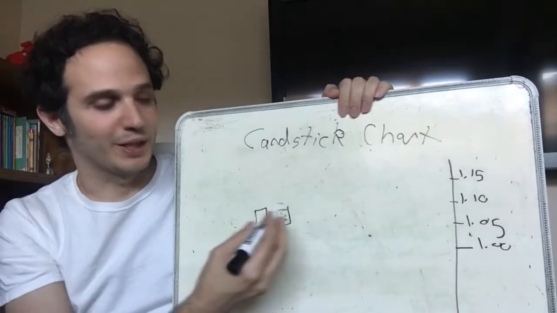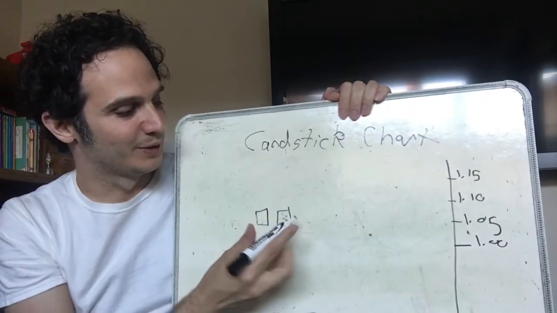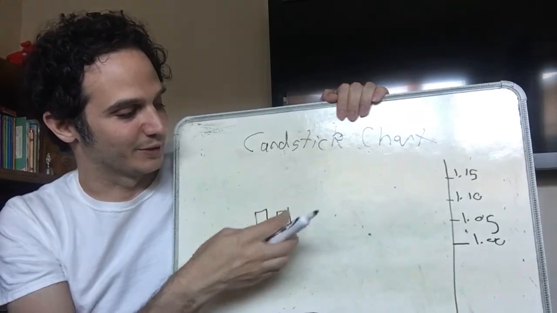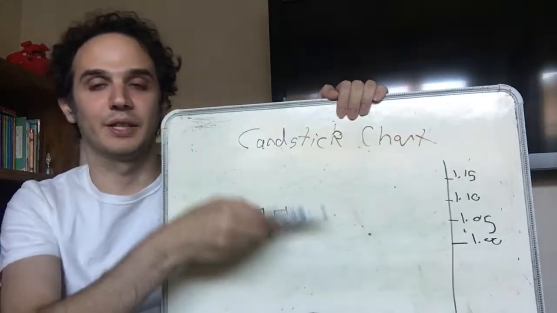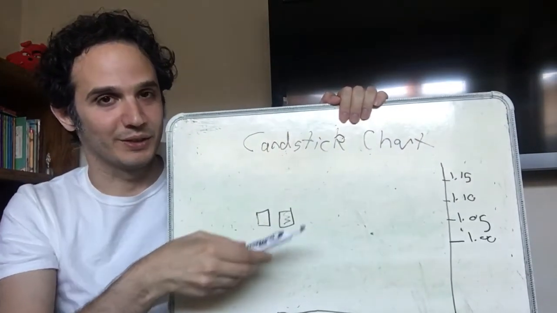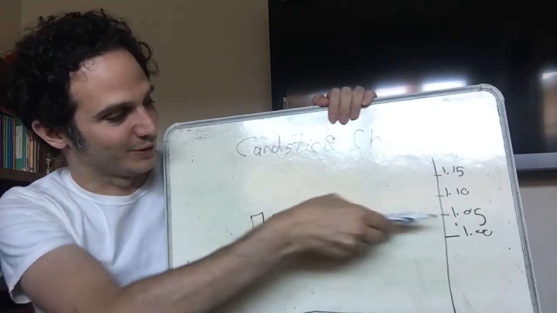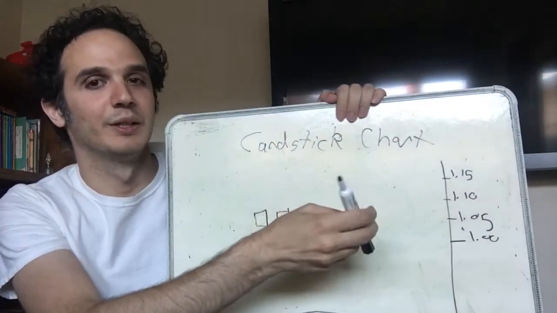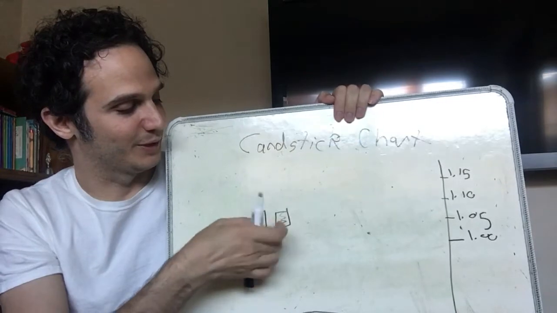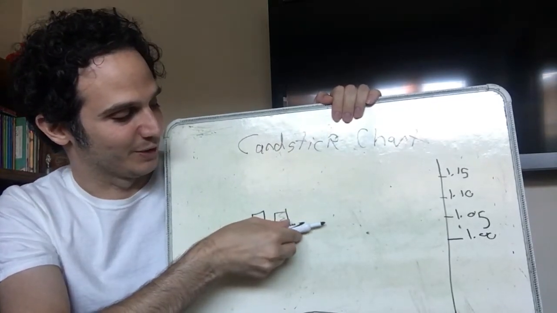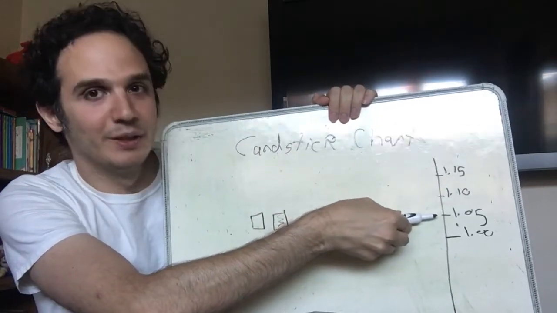And so if we have these candles, if you're looking on a computer, it'll have a cursor or straight line. If you hover your mouse here, you can easily see.